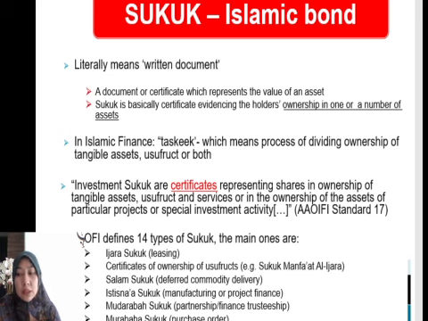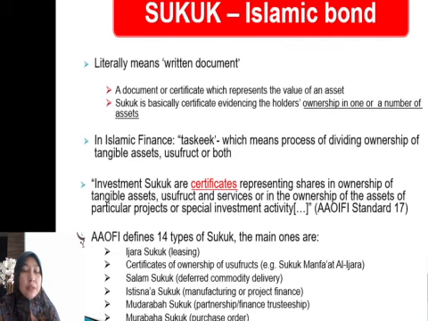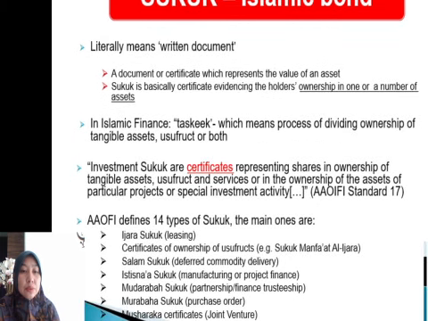When we invest, it represents that we actually own the asset. The Accounting and Auditing Organization for Islamic Financial Institutions defines 14 types of sukuk. So there are types of sukuk based on the types of product adopted by the sukuk.